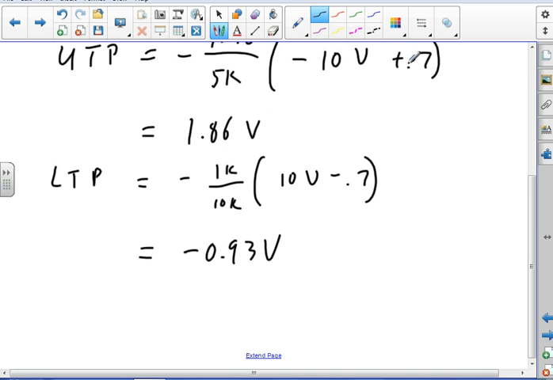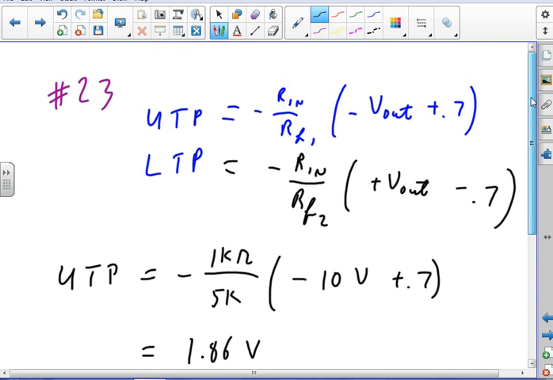Now, this plus or minus 0.7 is associated with the diode itself, and so the voltage out that they use is the voltage in. And that's why I changed those to plus or minus 10. All right, good enough?